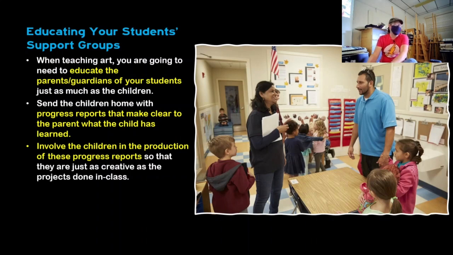So send the children home with progress reports that make clear to the parent what the child has learned. Again, my 5-year-old who's in kindergarten, that's already happening. She's coming home with art projects, but the art project was done with something printed on it that explains this is what your child was doing.